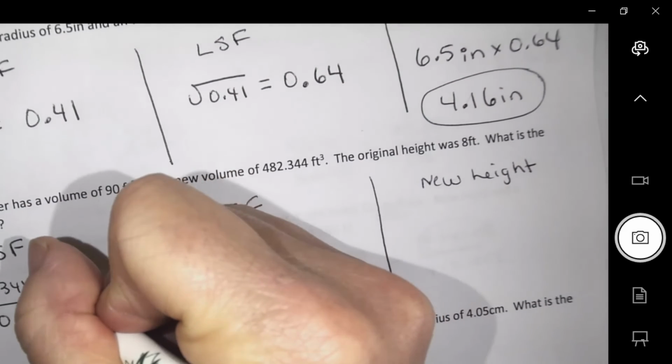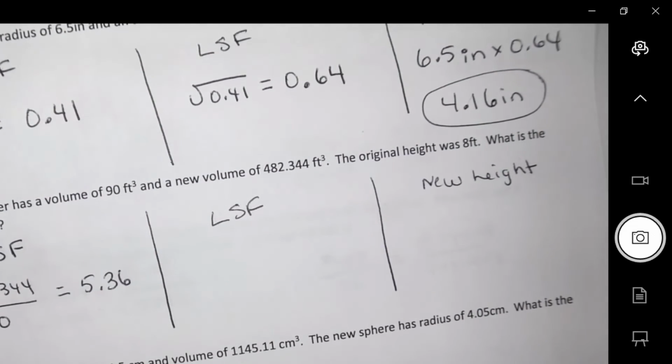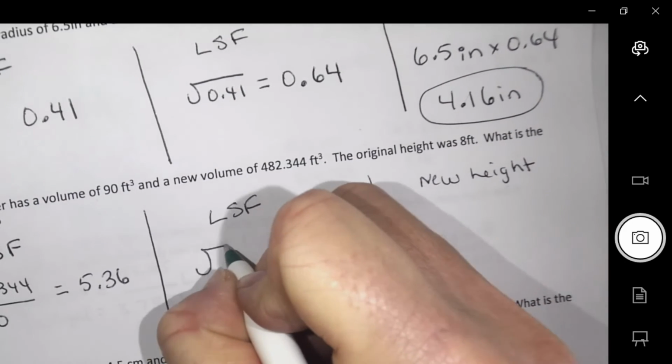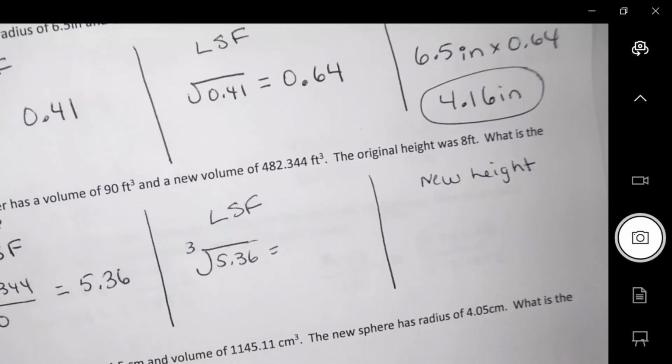Okay, always remembering new divided by original. We are doing an enlargement. Our shape is getting bigger. Did everybody still find your cubed root button? Do you remember where your button was?